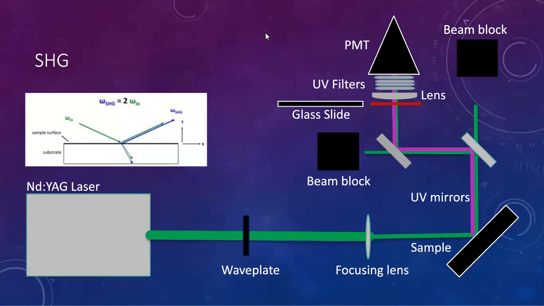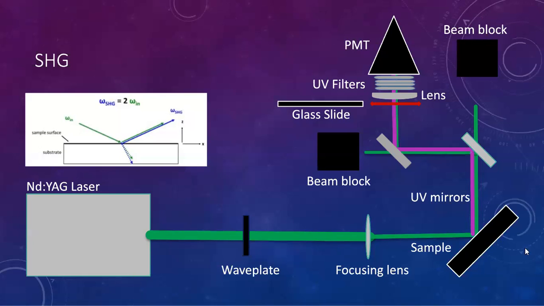So we start with 532 nanometers in our work and got 266 nanometers as our output SHG signal we were monitoring. So we specifically used an ND-YAG laser that we passed through a wave plate to change that input polarization to give us the most output of our SHG, focused it onto our sample.